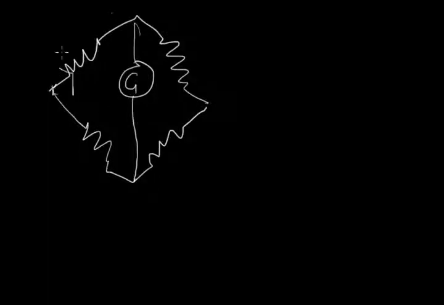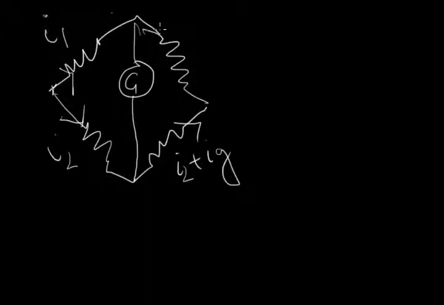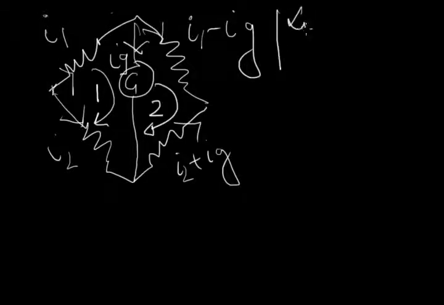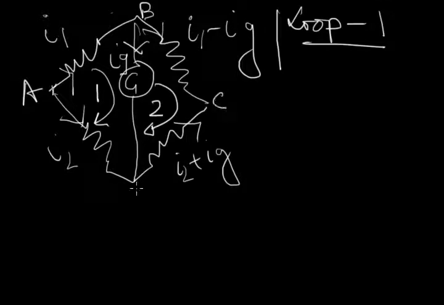I hope you remember that this current is I1, this current is I2, this current is I2 plus Ig, this current is I1 minus Ig, and this current is Ig. This is my loop 1, this is my loop 2. Now let me write loop 1. I will note the points also A, B, C, D, so that will be easier for me.